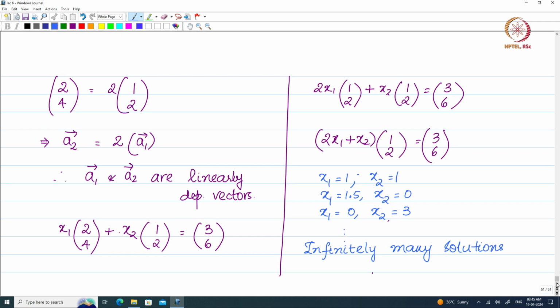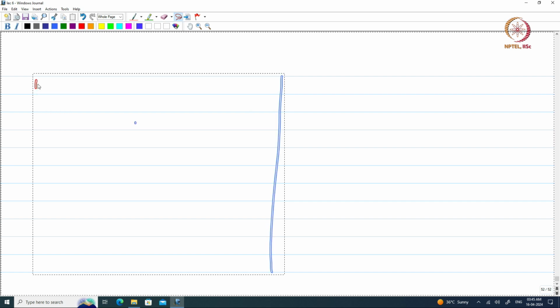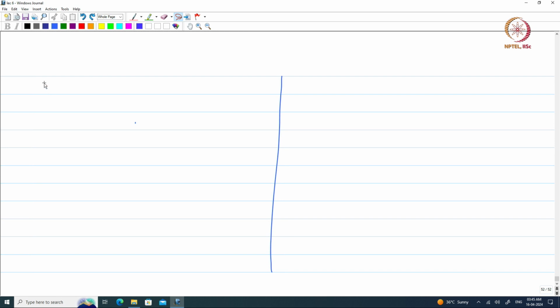Now suppose we have this case, let us take example 3. This is again the example that we have seen earlier. We had 2x1 plus x2 is equal to 3 and 2x1 plus x2 is equal to 4.